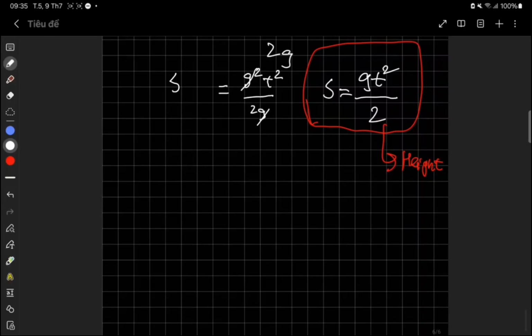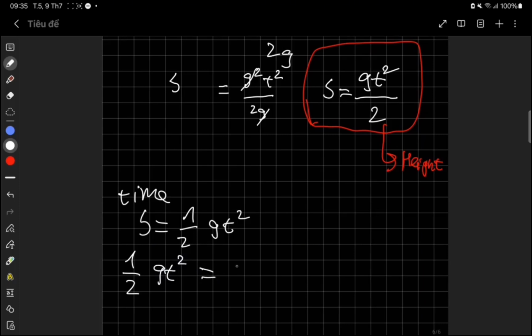The next formula is to find the time that it has fallen for. So for time, we will be using the third basis formula, which is s, and s we already know is one half gt squared, which is the basis formula here.